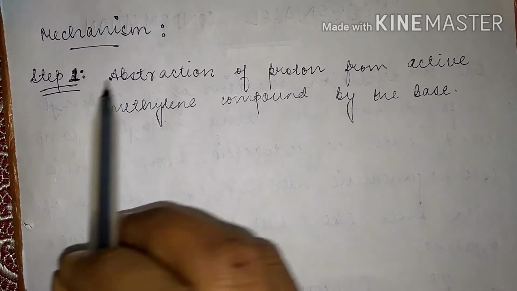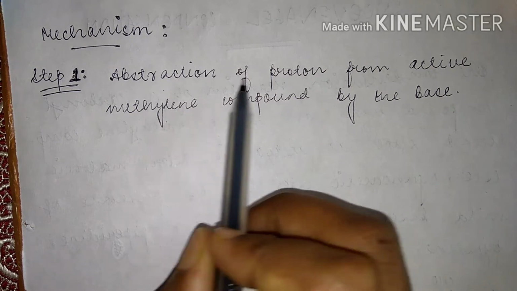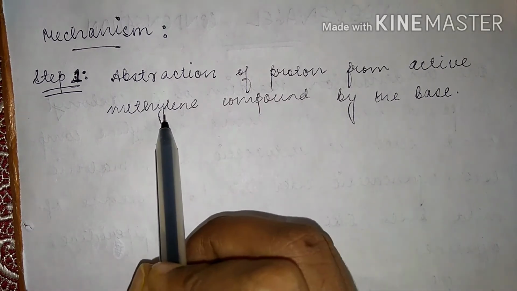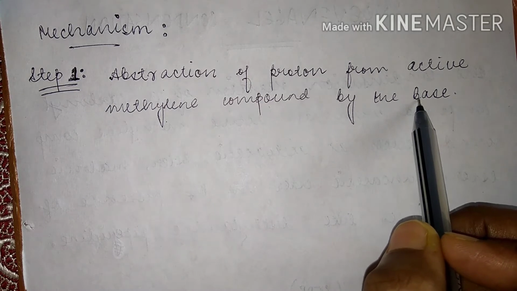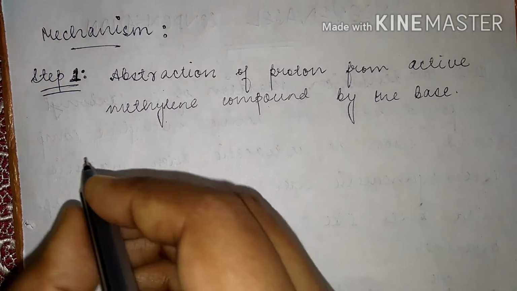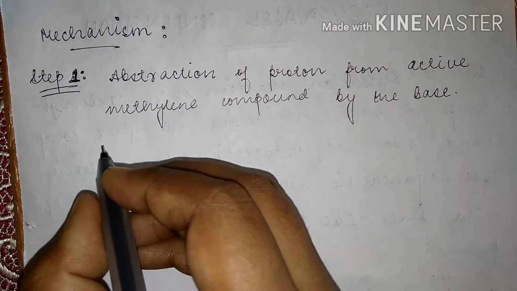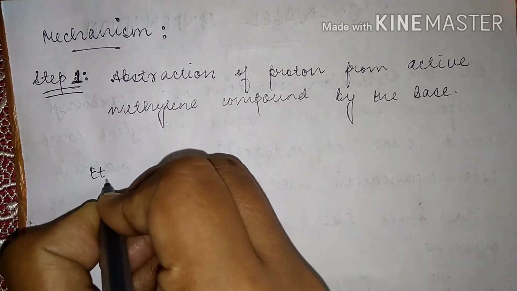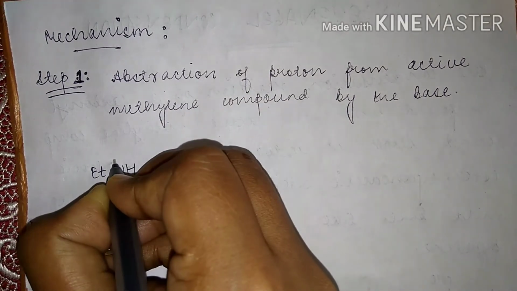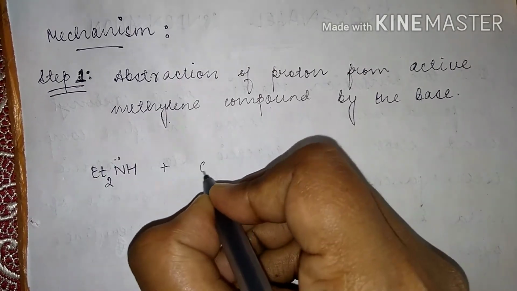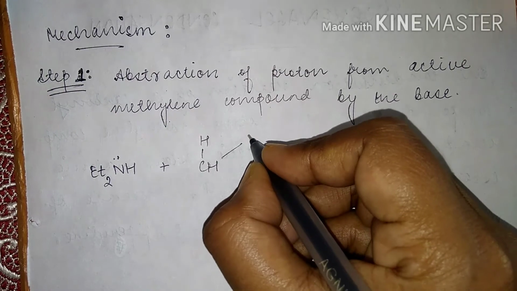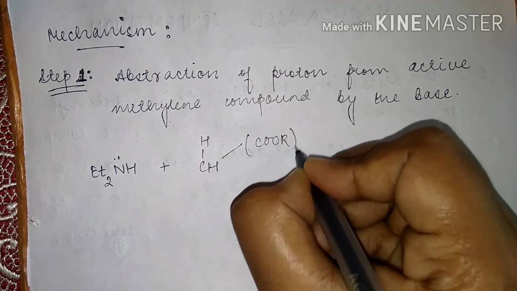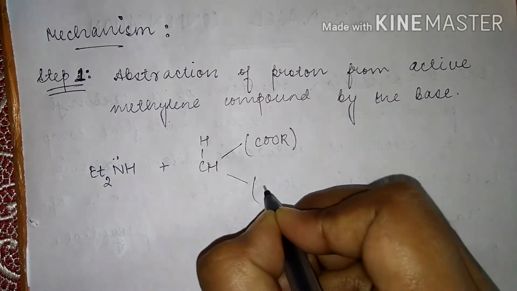In the first step, we have the abstraction of a proton from the active methylene compound by the base to form the carbanion. We use the base diethylamine, so the formula is Et2NH. It will abstract a proton from the diethyl malonate or the malonic ester, whichever you are using.